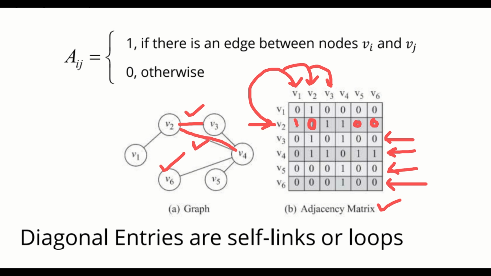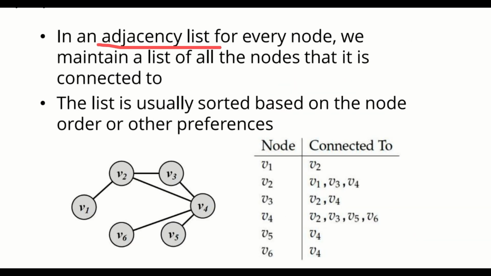The same way, you're going to take the adjacency list also. What is an adjacency list? Given a graph, what nodes is each node connected to? V1 is connected to V2. What about V2? V2 is connected to V3, V4 and also V1. Why is it connected to V1? Because this is an undirected graph, so we can check all the combinations.